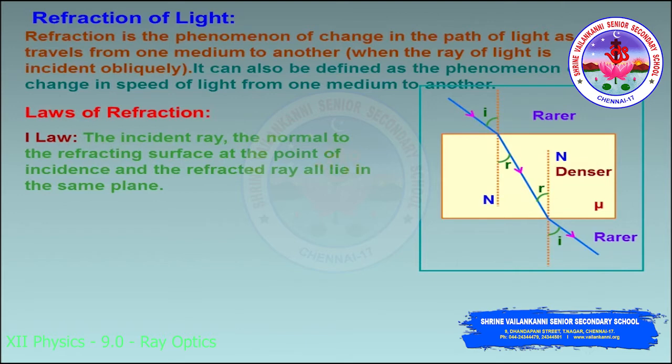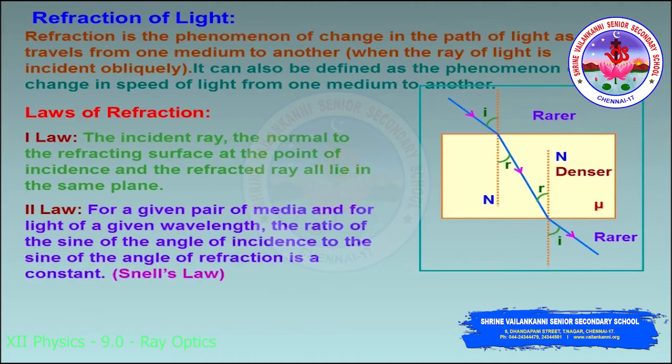We have two laws, as with reflection. The incident ray, the normal to the refracting surface at the point of incidence, and the refracted ray all lie in the same plane. And the second law of refraction, we can call it Snell's law too.